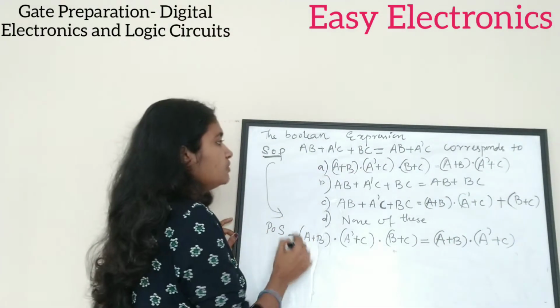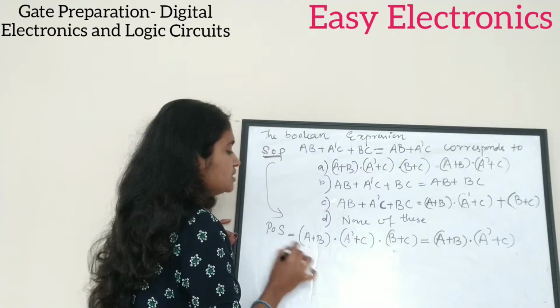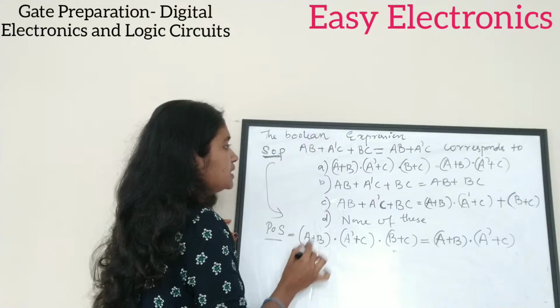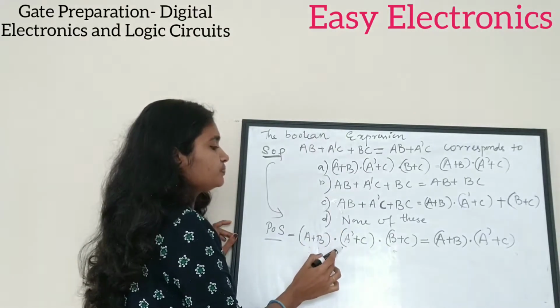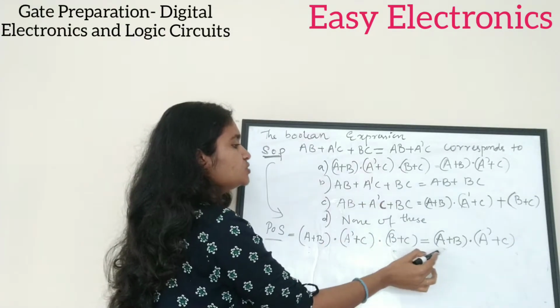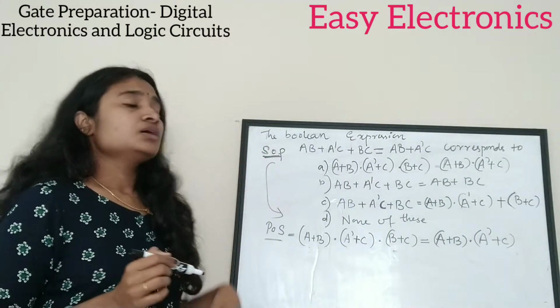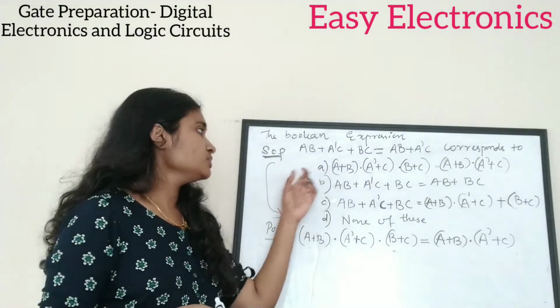So looking at option A, it is the same as the POS format, that is (A plus B) into (A bar plus C) into (B plus C) equal to (A plus B) into (A bar plus C). So the correct answer here is option A.